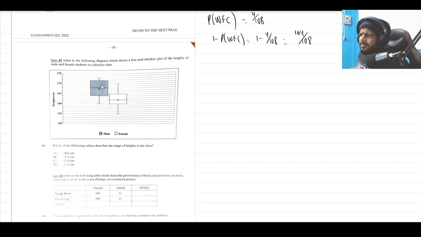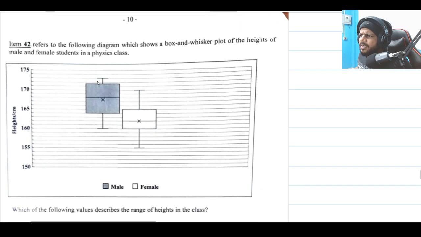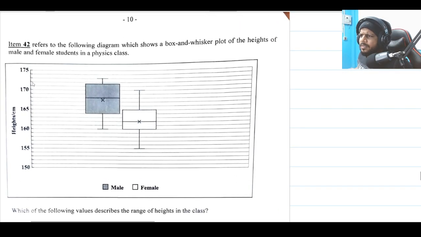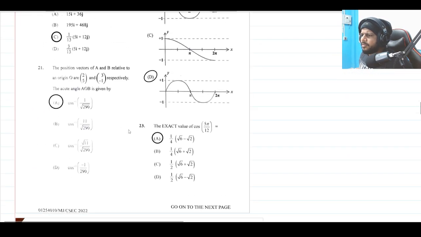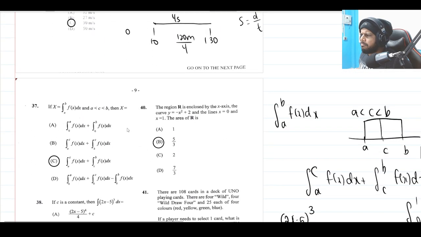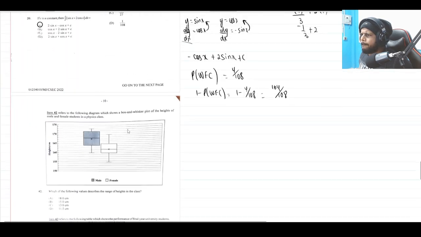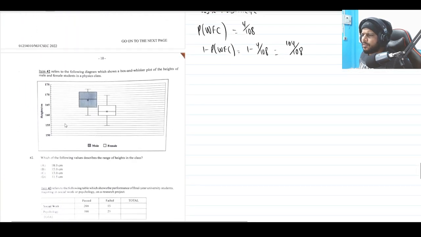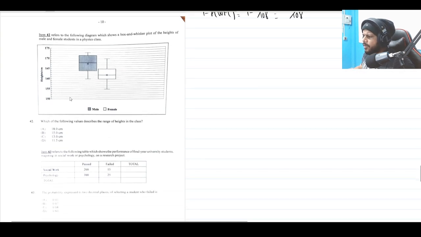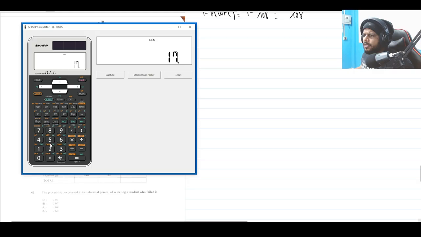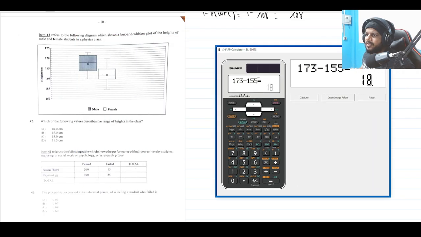Looking at the scale, 170, 171, 172, 173, okay, so it's 1 to 1. So it's 173 and 155. 173 minus 155 is 18, which will be my range.